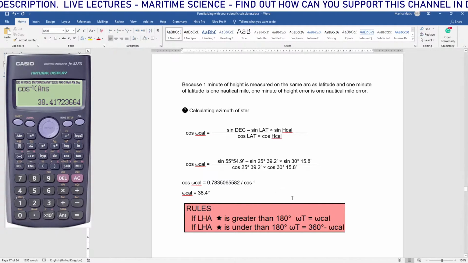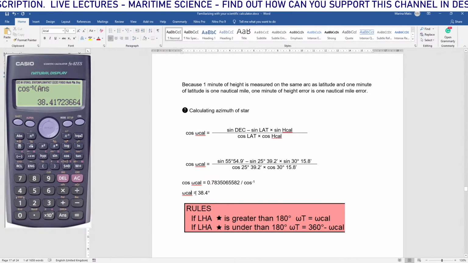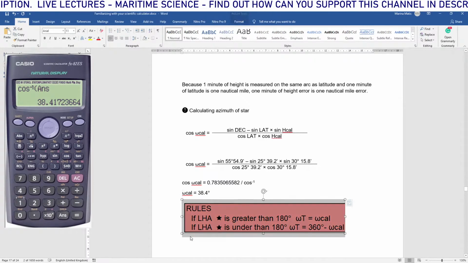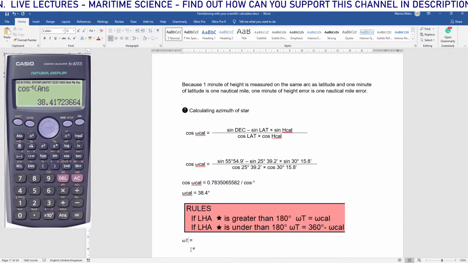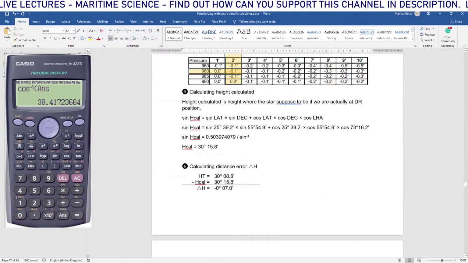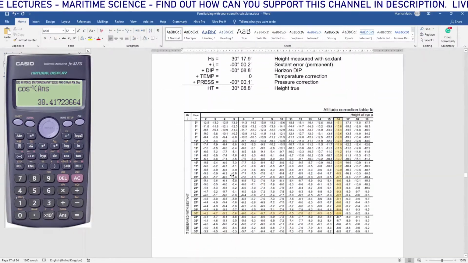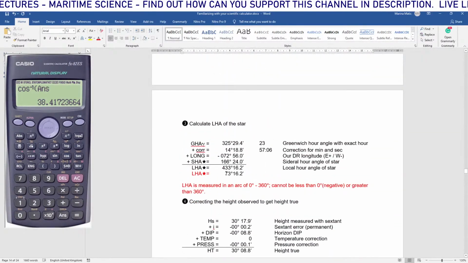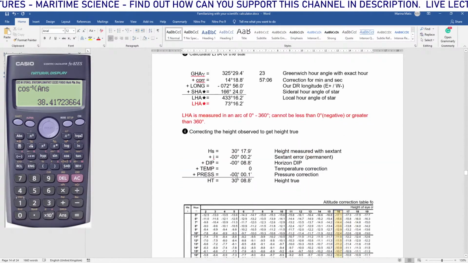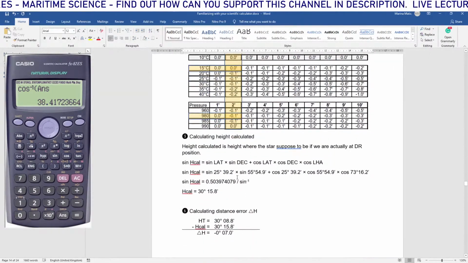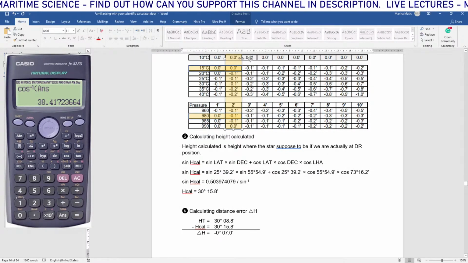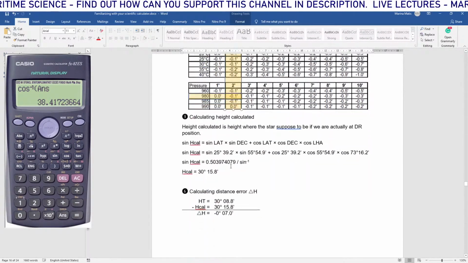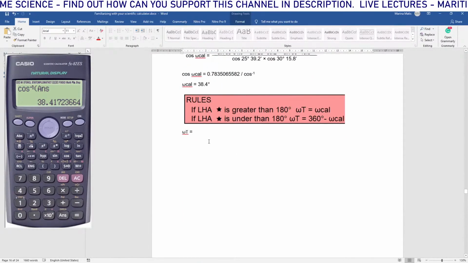So azimuth true is, let's see how much is the LHA. LHA is under 180, so that means azimuth has to be over 180, because azimuth and LHA are measured in different directions.